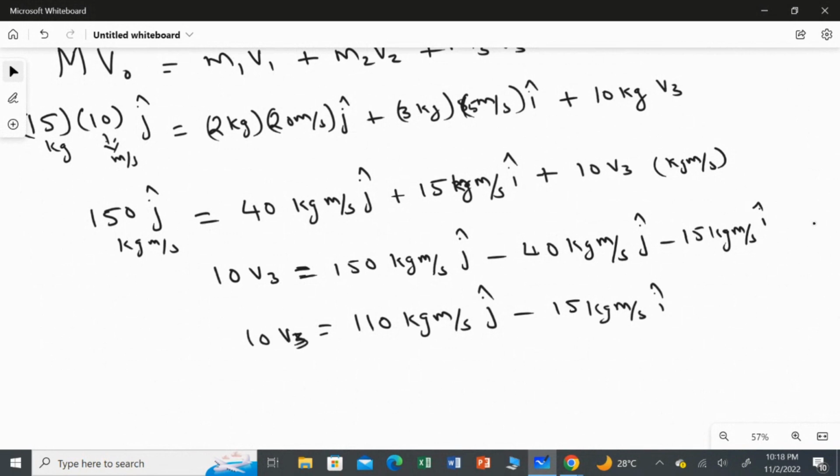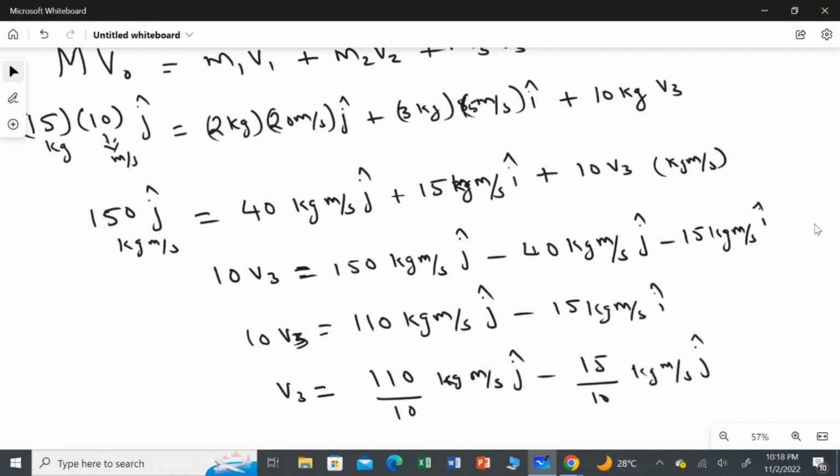Therefore V3 is equal to, this 10 will come to the right hand side as the denominator. By that 110 divided by 10 kilogram meter per second j cap, minus 15 divided by 10 kilogram meter per second I cap. Sorry, I cap, this is not j cap. Clear? This is I cap.